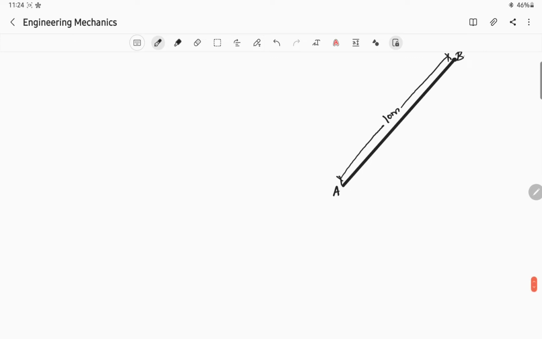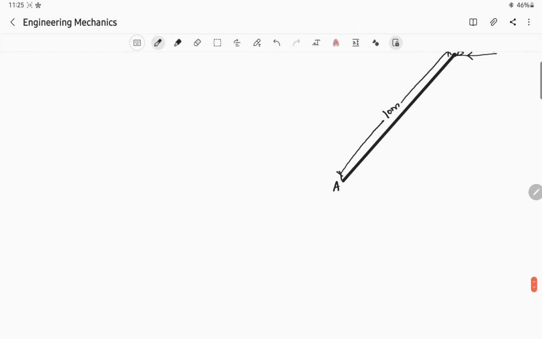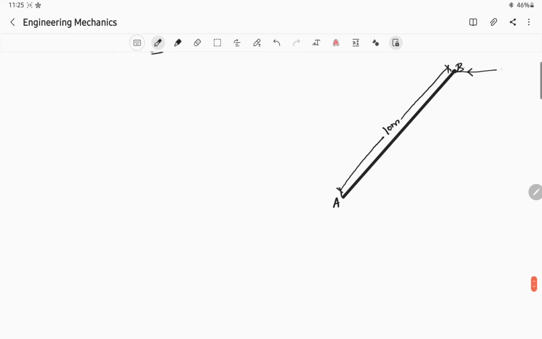Then at the hinge support we'll be having two reactions, right? One reaction will go in the horizontal direction and another reaction will go in the vertical direction. So I can write here RBX, that is the reaction at B in X direction. Then similarly I'll write here RBY, the reaction at B in vertical direction. So it is a hinge support, so no friction will be there, only reactions will be coming over there.